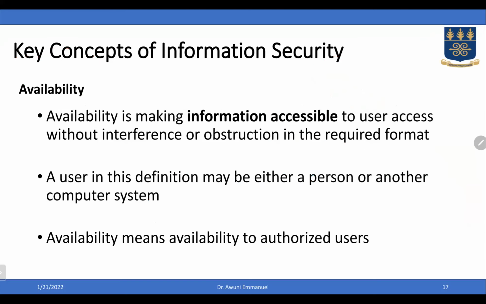And availability is making information accessible to users without interference or obstruction, in the required format. A user in this definition may be either a person or another computer system. So you have a server, and the server has been made in such a way that certain people with certain rights can access certain information, even in an enterprise resource planning system.